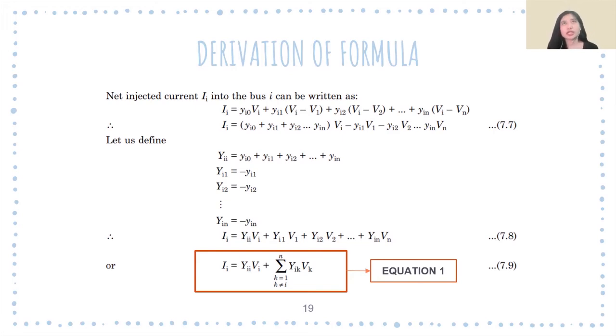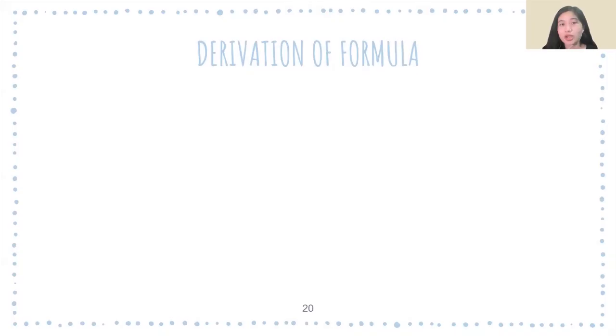But this explanation is very vague and it is hard to understand. So we are going to use a more visualized process wherein we are going to see the matrix of an example. Okay, now going back sa Y-bus admittance matrix natin, this is the formula that we cannot forget.